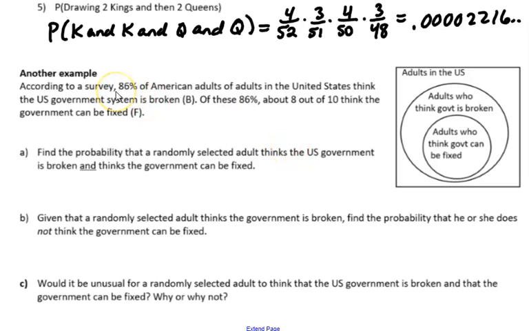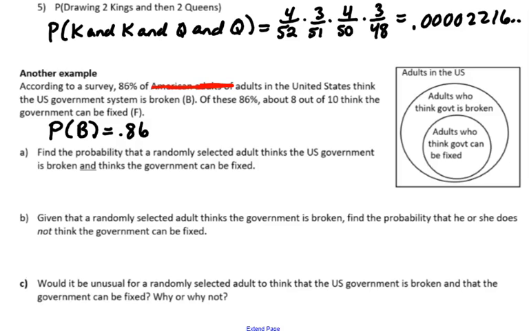It says, according to a survey, 86% of adults in the United States think that the U.S. government system is broken. So we're going to call that B. We're going to say the probability of B is equal to 0.86.